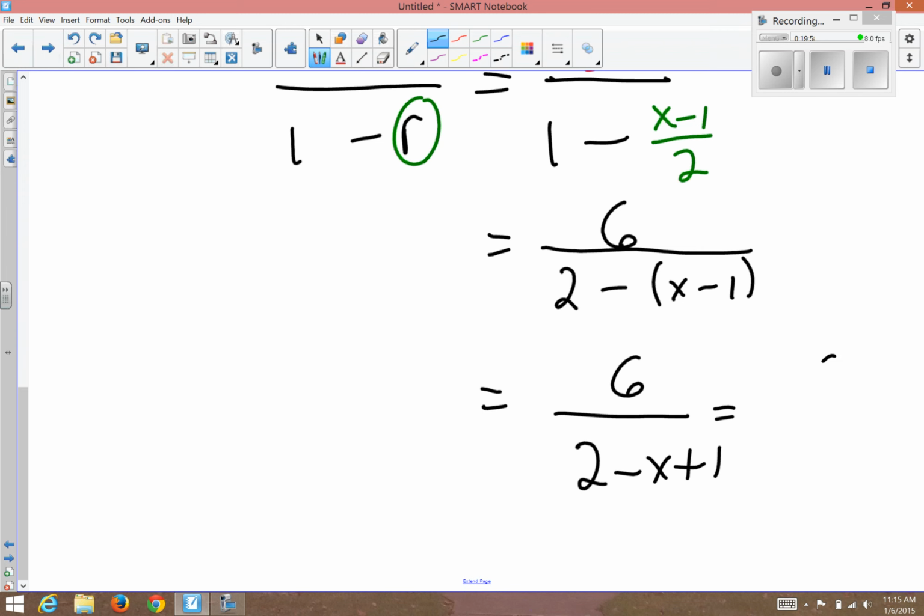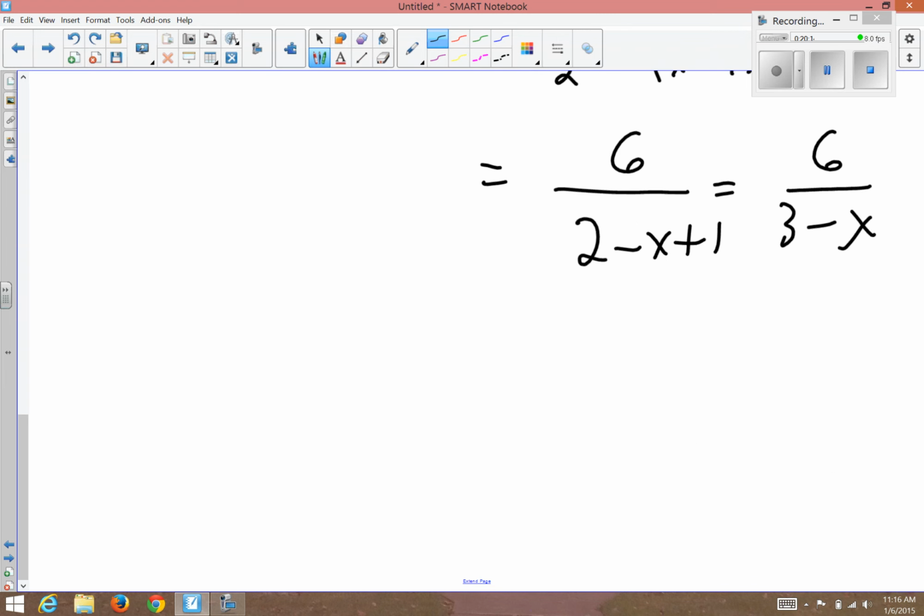And so this equals 6 over 3 minus x. I'm going to summarize the results so far. This is a summary of what we found.